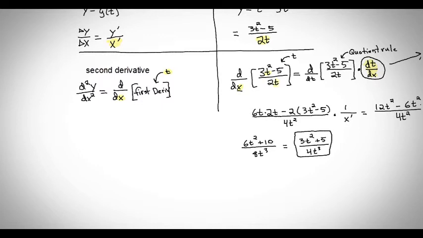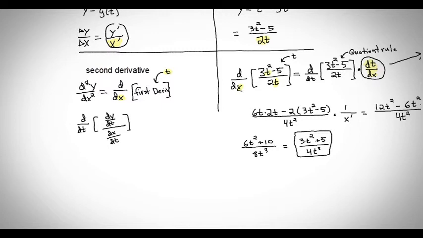So in order to do this, it's going to have to become the derivative with respect to t of the first derivative, which I'm going to write as dy over dt over dx over dt. If you remember from the first derivative, it's y prime over x prime from up here. Y prime is dy dt, x prime is dx dt. I know it doesn't fit, I apologize.